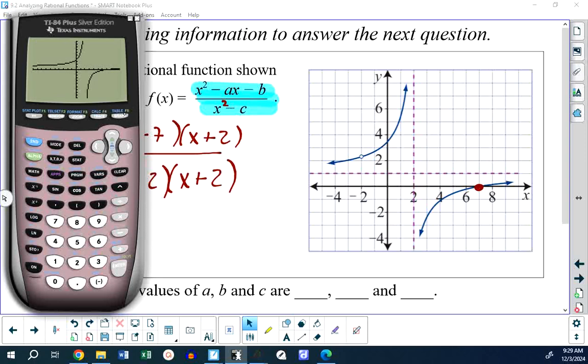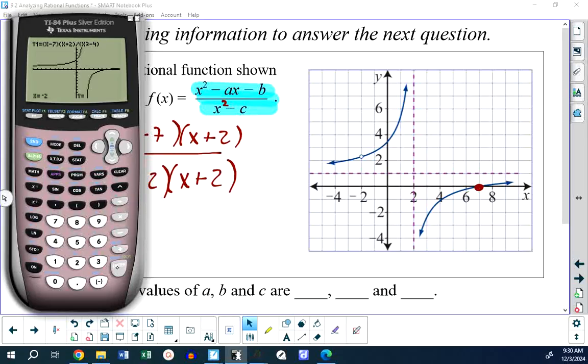I get that. Let's just check something out here. Trace 7. Yep, it's an x-intercept. Trace 0. 3.5. Trace 2. Nothing. Trace negative 2. Nothing.